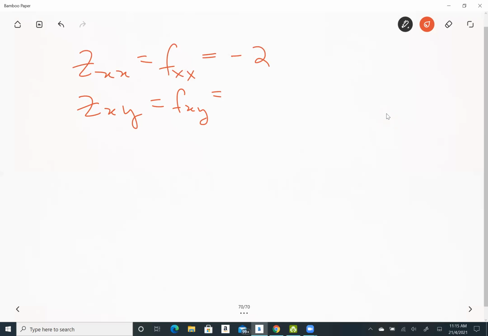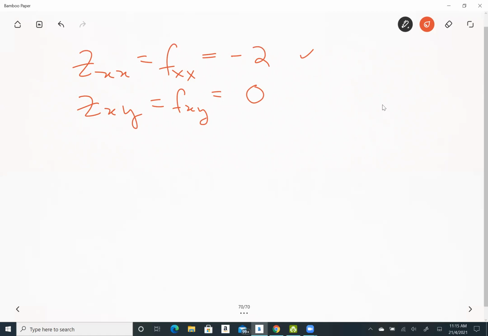With respect to x, it's negative 2, but now you're taking the derivative of that function, negative 2x, with respect to y. So what do we get? 0, because the x is a constant. It's just like a constant function.